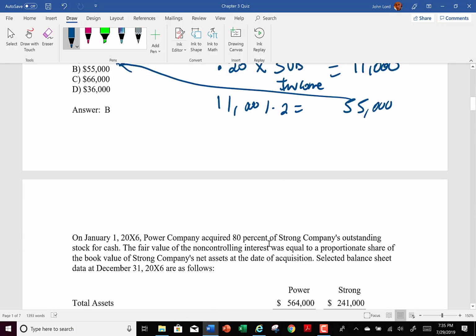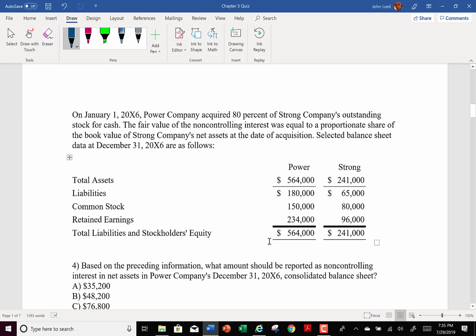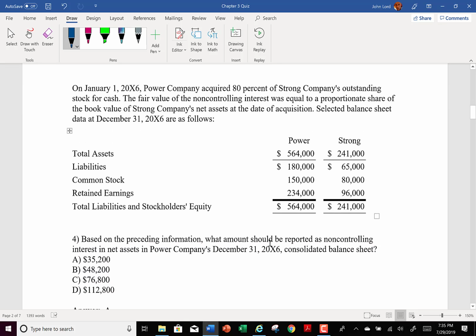Okay, good. Number 4, new set of facts. Based on the preceding information, what should be reported as non-controlling interest in net assets in Power's December 31st, 20X6 consolidated balance sheet? I need to get the non-controlling interest as of that date.